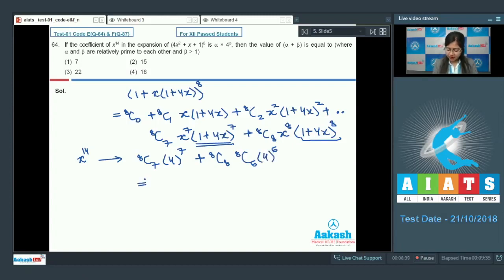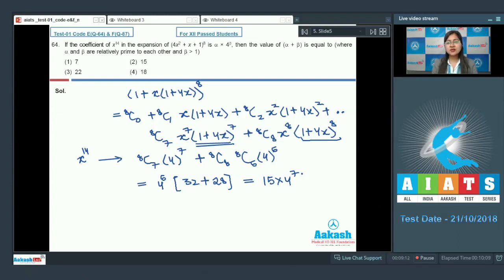Now this can further be written, taking 4^6 common, as 32 plus 28, which will be equal to 15 into 4^7, right?